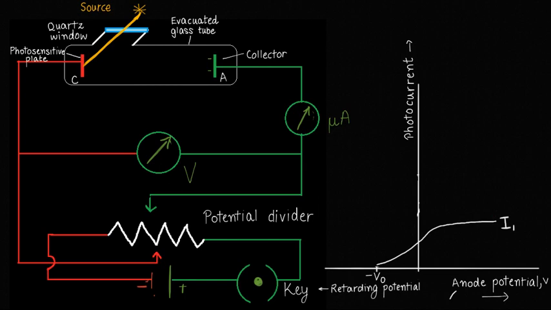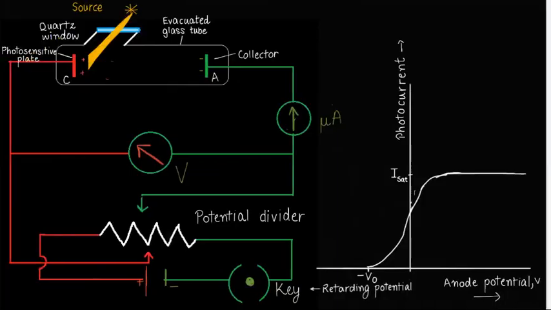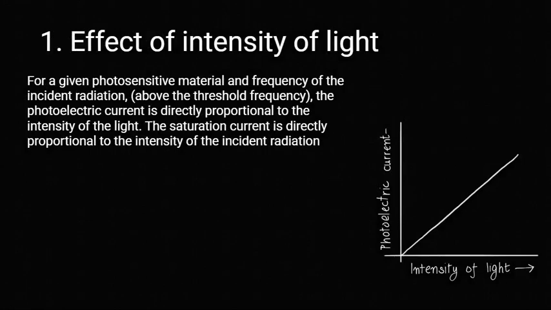Now let us suppose we increase the intensity to I2. So we have more intense light I2. At intensity I2, look at this graph. This is for your intensity I2. Since more intensity is falling on this photosensitive plate, more photoelectrons will be generated. See, the more the intensity of light, the more the photoelectric current.